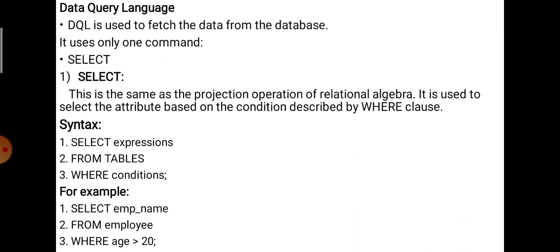Based on the condition, the given expressions will be selected from the table, okay. Example: select employee name from employee where age greater than 20, okay. Wherever the record has age greater than 20 will be selected from the table employee, but in that the employee name alone will be selected and displayed on the screen, okay. So this is the way of using the select command.